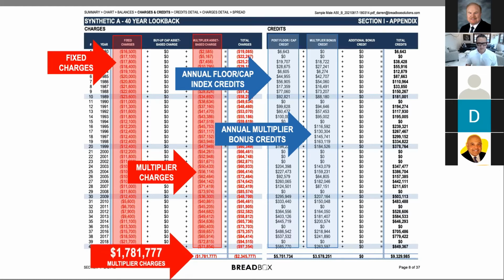So on this next page, let me look at this real quick. The multiplier charges in this 40-year period, just the multiplier charges, not all the other charges, total over $1.7 million. That's a lot of additional charges. But if we look at the multiplier bonuses, just the multiplier bonuses, not the total index credit, in this 40-year look back, we're over $3.5 million.